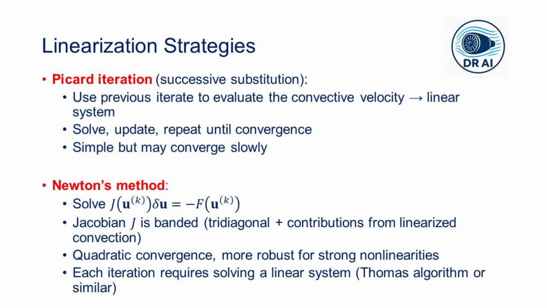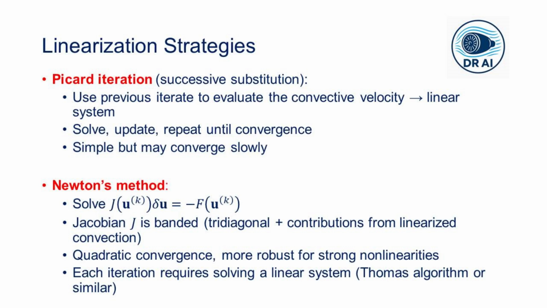For this Burgers' equation under discussion, the Jacobian is also banded. It adds contributions from the linearized convection term. Newton's method typically converges in a few iterations, but each iteration requires solving a linear system that is still tridiagonal or nearly so.